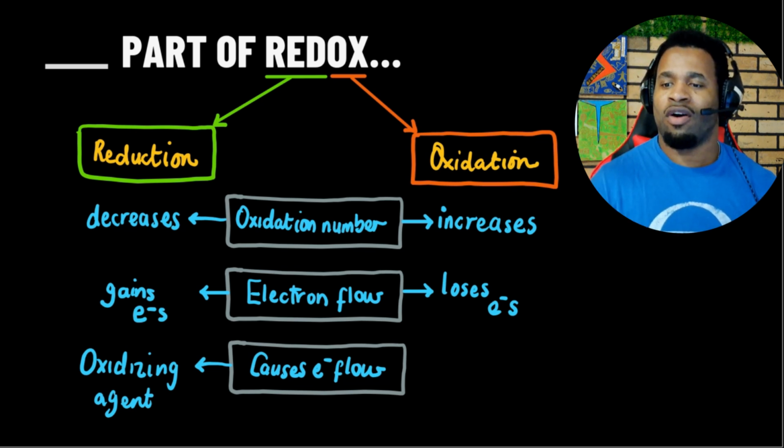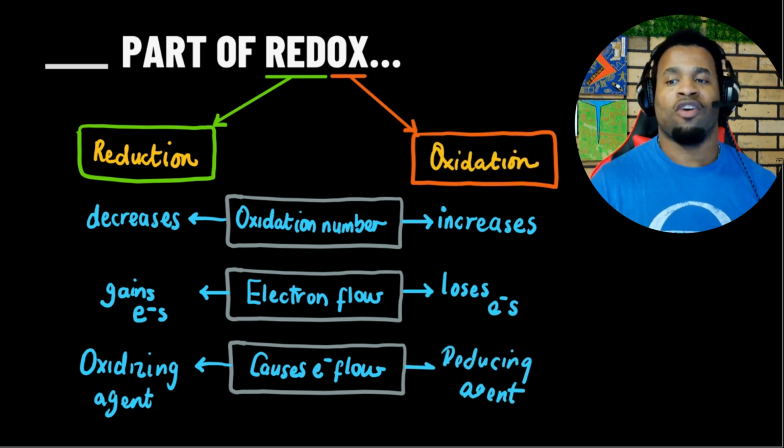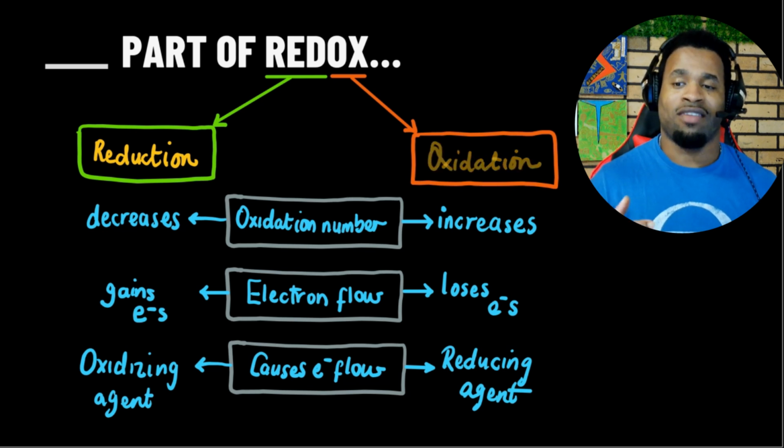However, for oxidation, what causes the electron flow is labeled the reducing agent, and the reducing agent itself is being oxidized in that particular reaction.